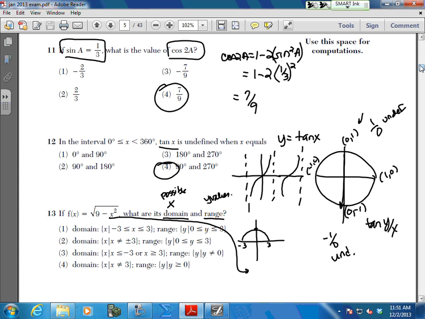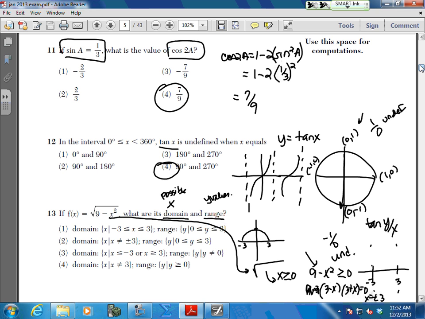Anything under a radical that comes out has to be greater than or equal to 0. So if you take this and you set it greater than or equal to 0, remember, you're looking for the roots of this first. So x is plus or minus 3, and you're testing this. Now, a good way to test this is to plug this in your calculator.